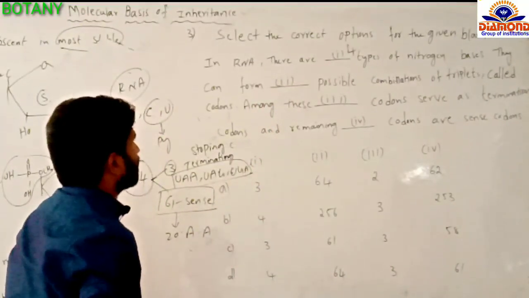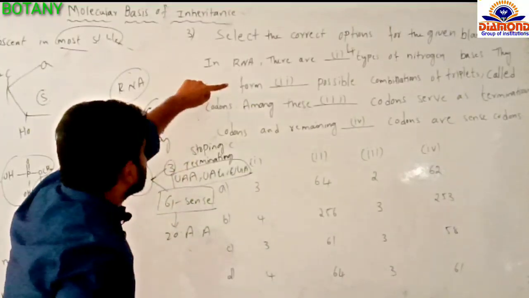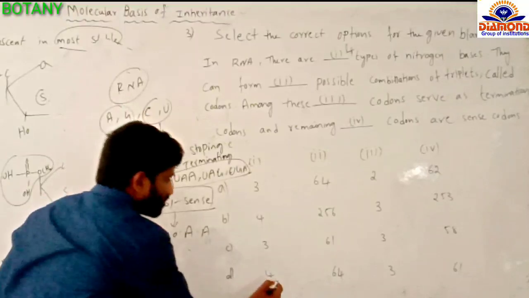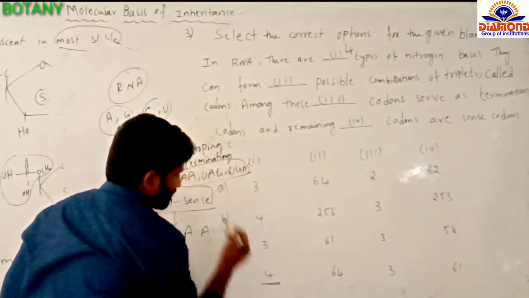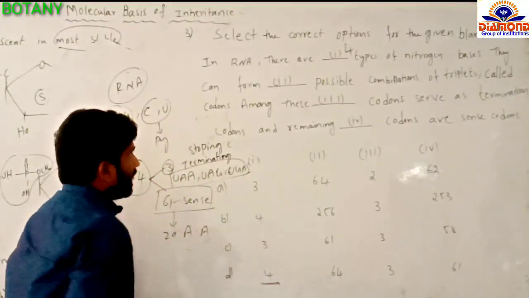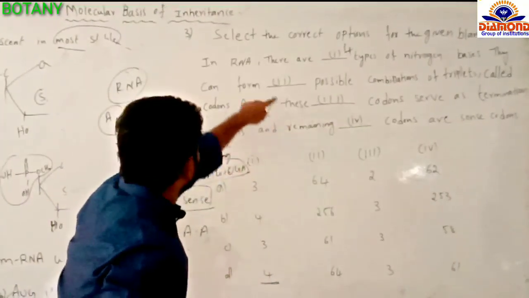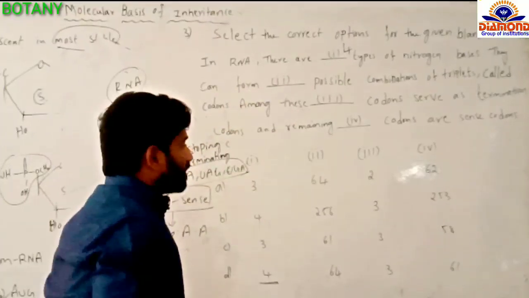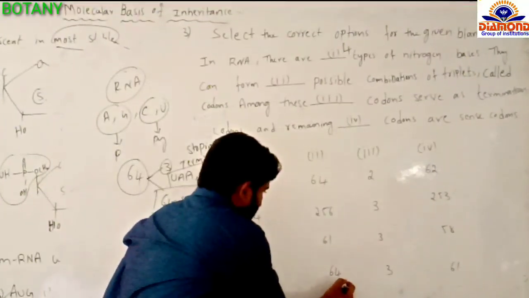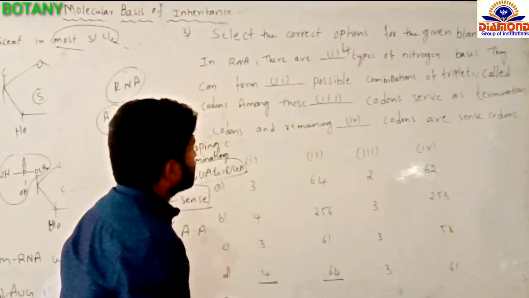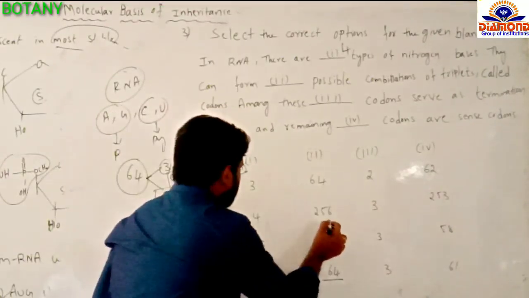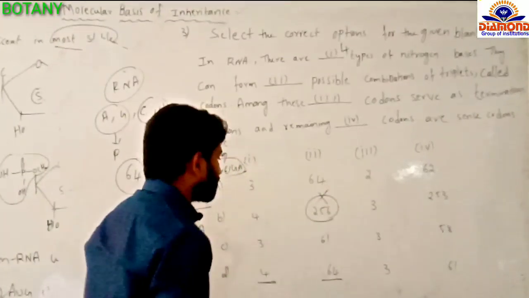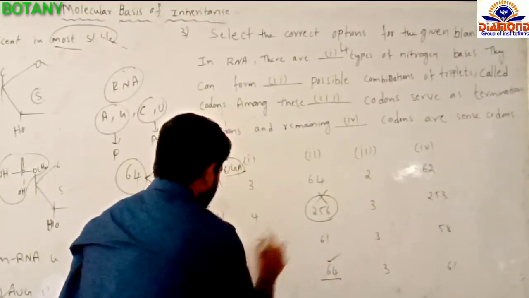Out of the 4 blanks, the first blank, RNA contains 4 types of nitrogen bases, so option B and D. Next, they can form 64 possible triplet codons. Option D gives 64 possible triplet codons, and option B gives 256 codons, which is not 64. So the answer is D.